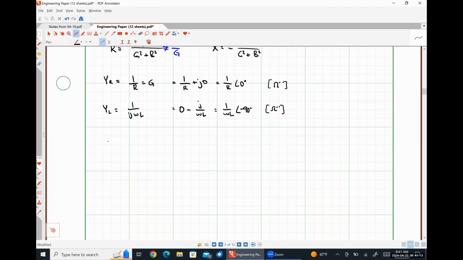And lastly, the admittance of a capacitor is J omega C, or 0 plus J omega C, or omega C angle positive 90 degrees, measured in per ohms.